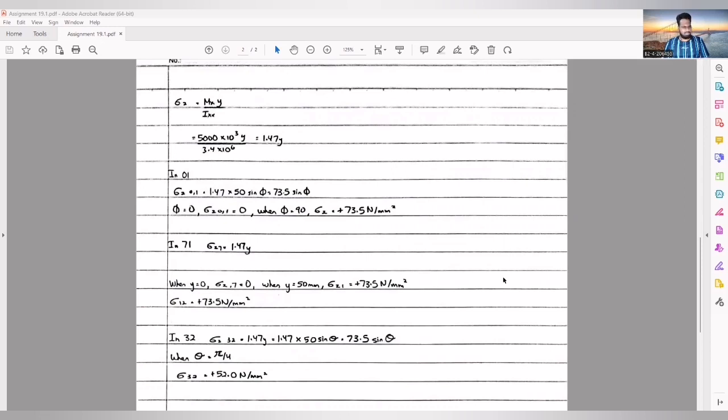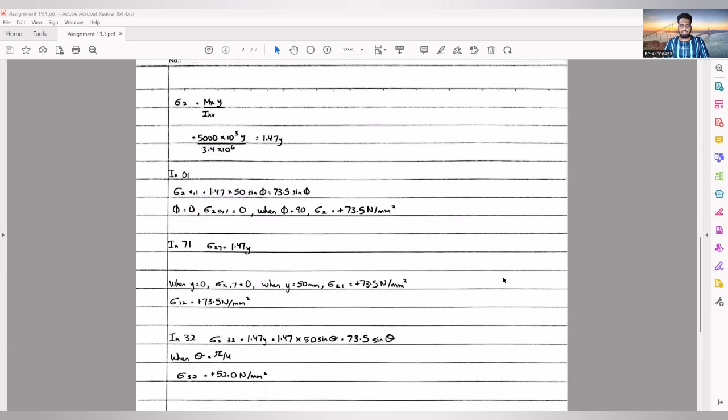In the part 0 to 1, the direct stress is 1.47 times 50 sine theta, so we get 73.5 sine theta. When theta is equal to 0, our direct stress from 0 to 1 will be 0. When theta is 90 degrees, our direct stress will be positive 73.5 Newton per millimeter square.